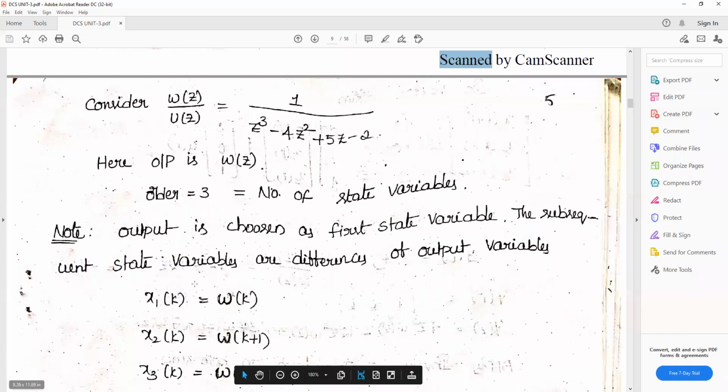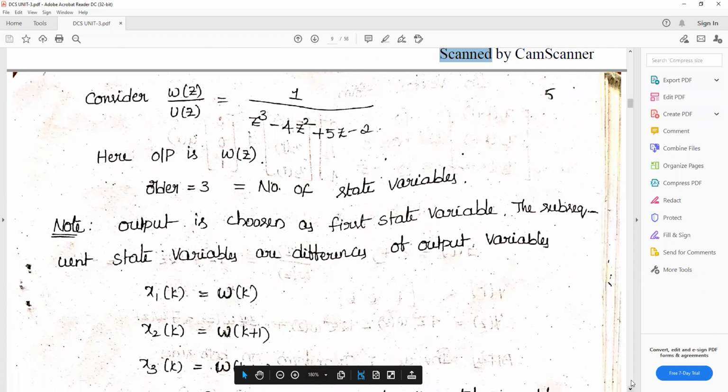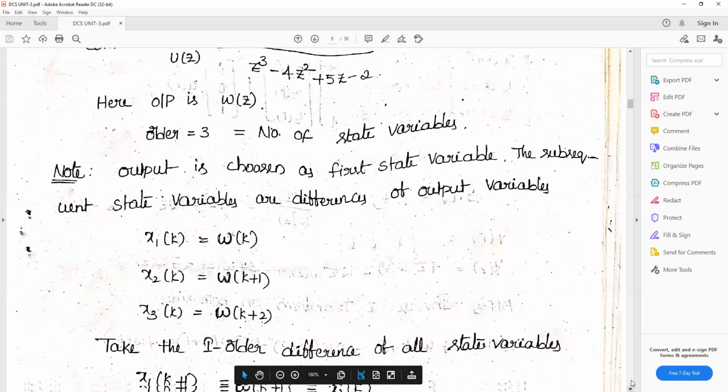x1 of k is taken from the output here, which is omega of z. x1 of k is omega of k, x2 of k is k plus 1, x3 of k is k plus 2. Okay, so x1 of k is w of k, x2 of k is w of k plus 1, x3 of k is w of k plus 2.